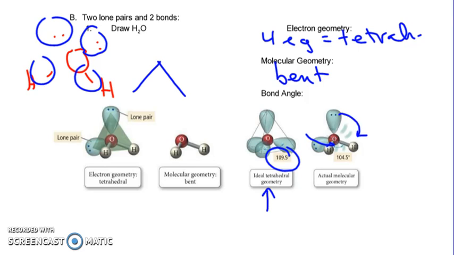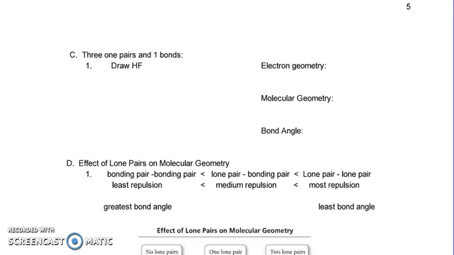Repelling even more, squishing those bonds together, and so the actual bond angle of the hydrogens and oxygen together is 104.5. So those 2 lone pairs are squishing them even closer. Let's go on. So what about 3 lone pairs and one bond, so HF.